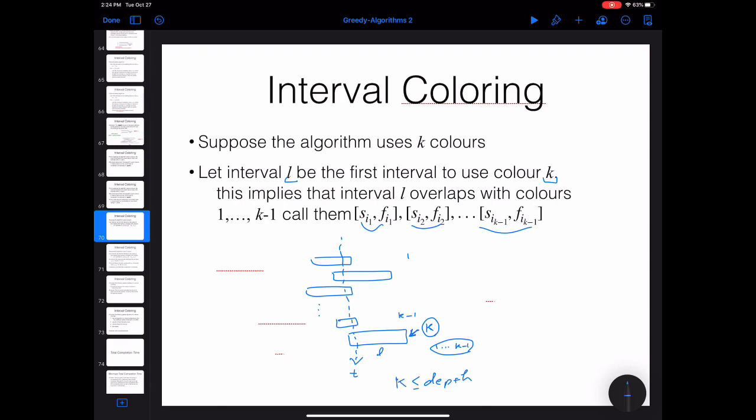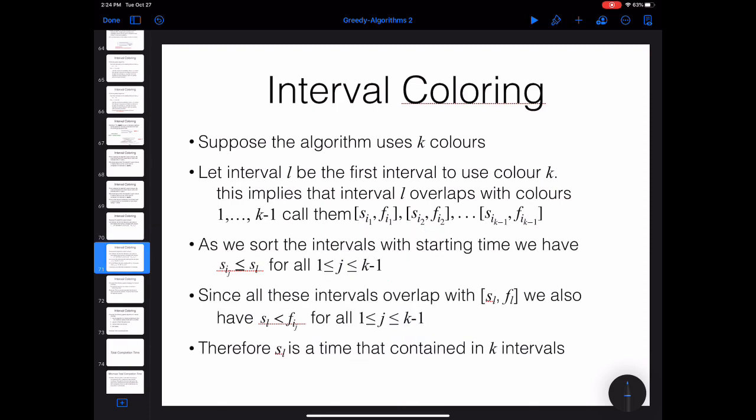So far, I'm claiming that k is an answer the greedy algorithm finds, right? So k is the answer, and k is definitely less than or equal to the depth. And we already have the observation that the optimal answer cannot be less than depth. That's enough to prove that, yes, the greedy algorithm gives me the optimal answer.